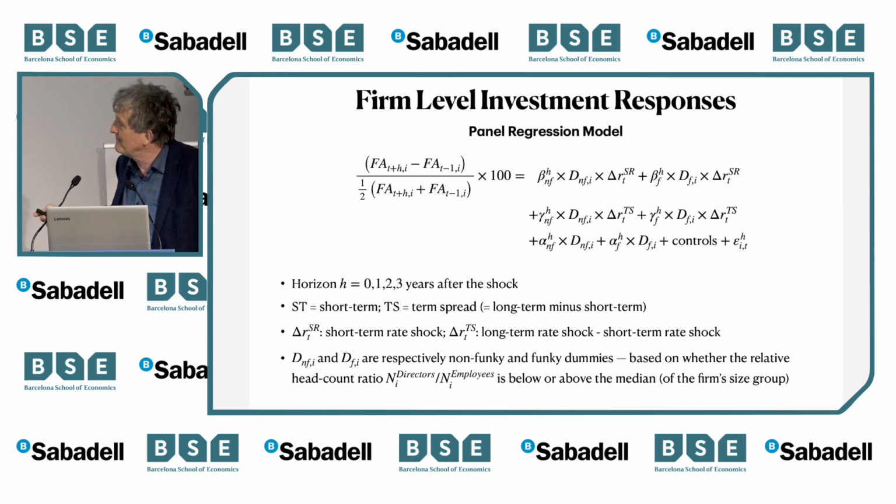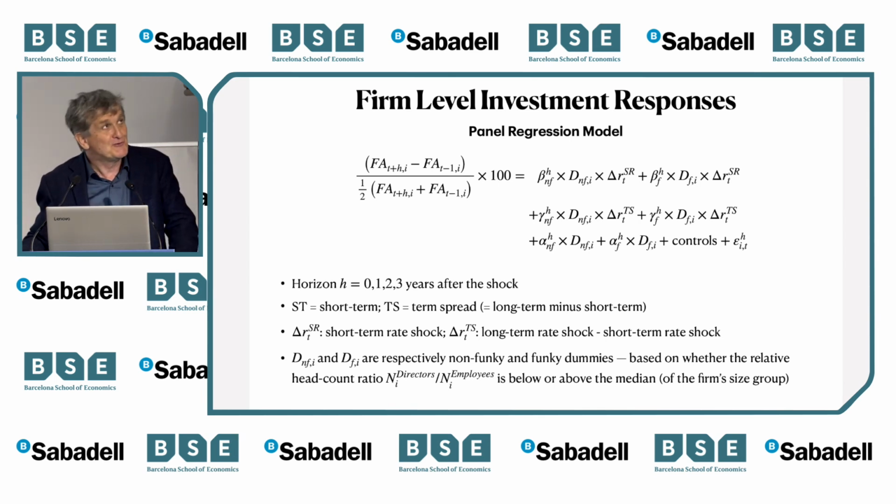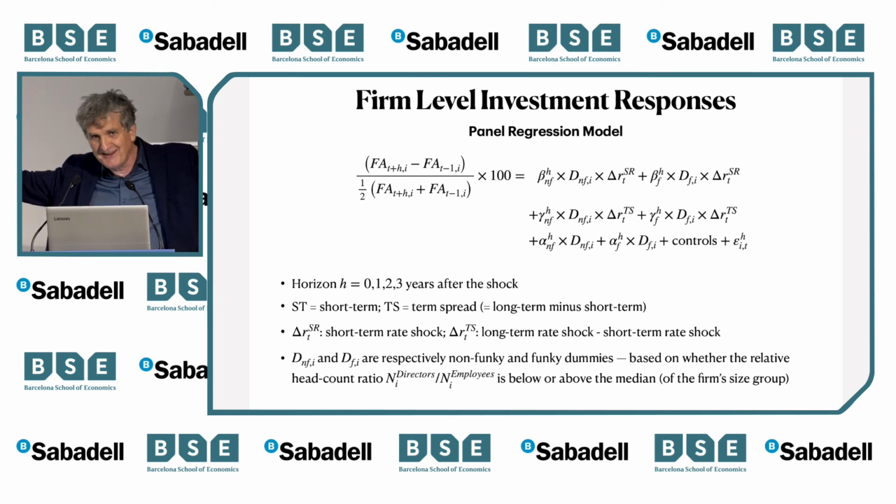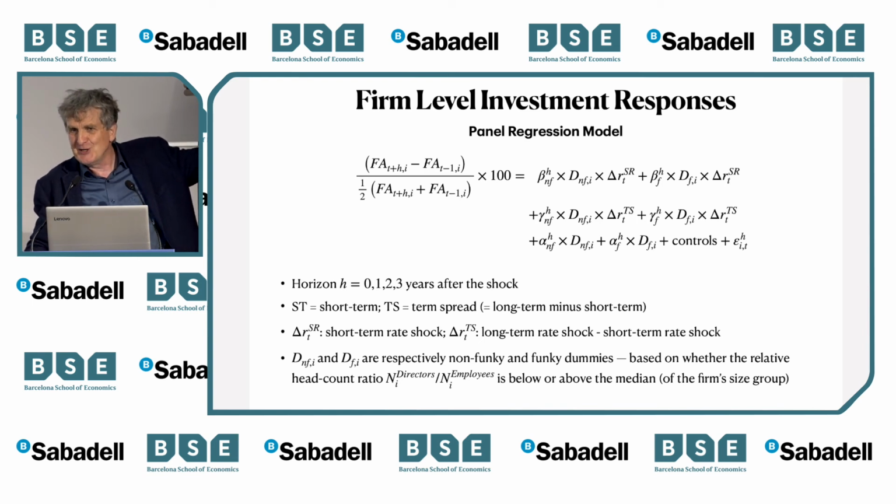Now, I'm kind of totally amazed that we get anything, because these are totally distinct bits of information. The funkiness ratio is something pretty nerdy. It's the ratio of the number of directors divided by the number of employees.